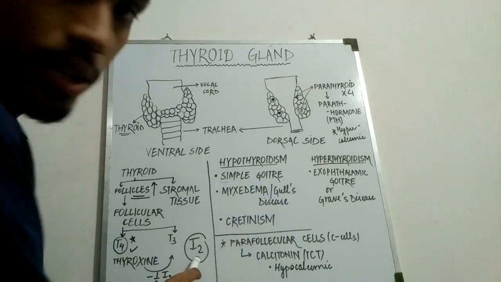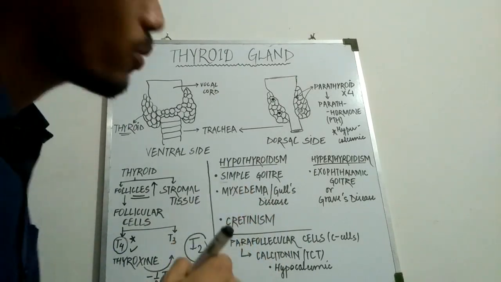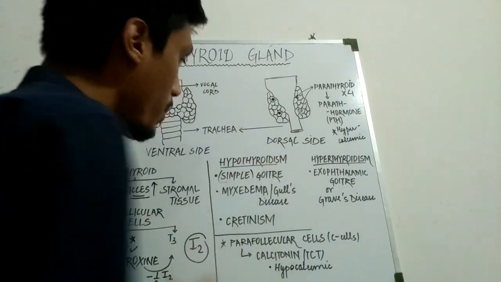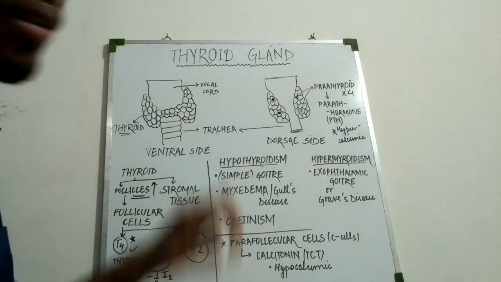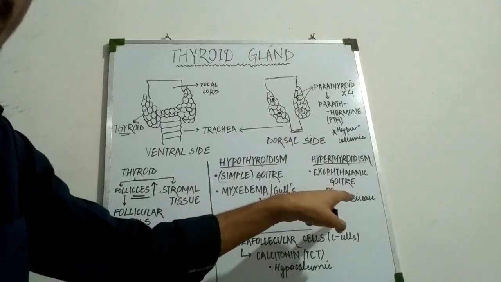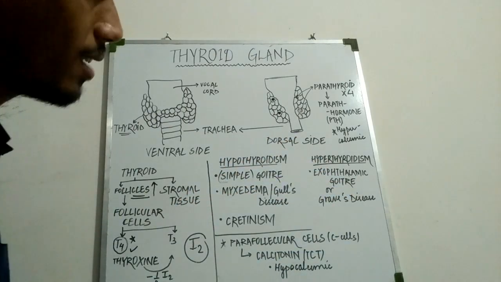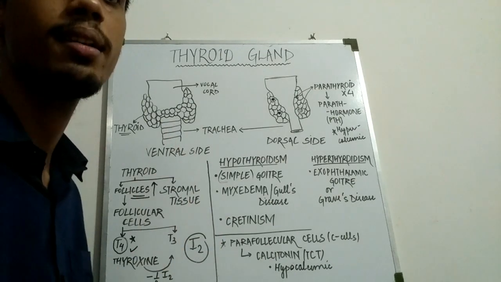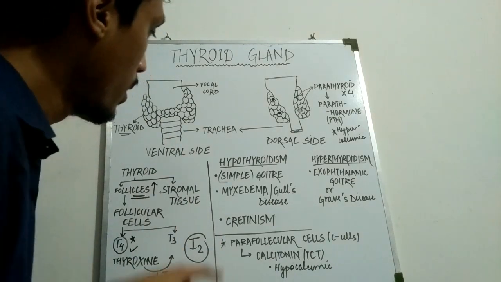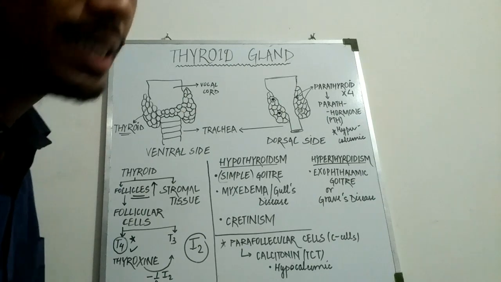Simple goiter, iodine deficiency. Simple, because it is obviously simple, just iodine deficiency triggers goiter. But there is the other goiter, which is exophthalmic goiter, and that is mentioned in your NCERT, and it's quite important because this is the only case of hyperthyroidism. Second is myxedema or Gull's disease.